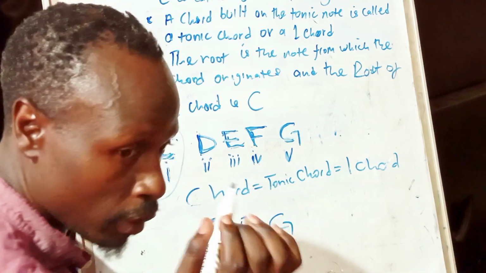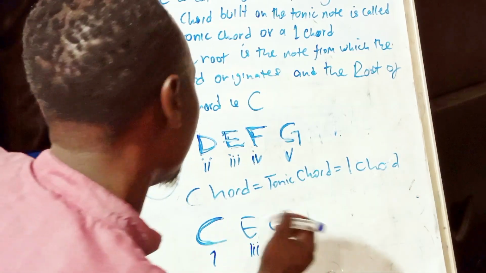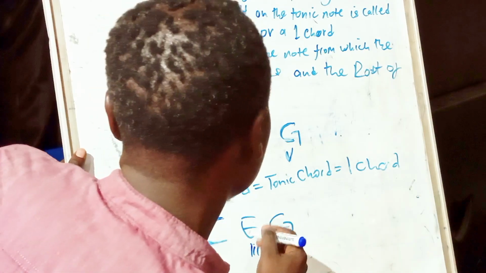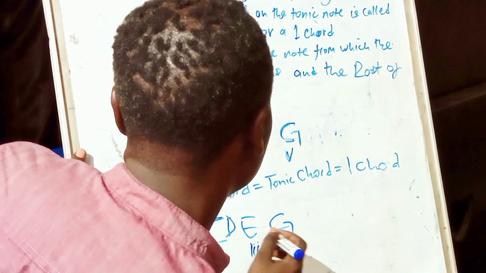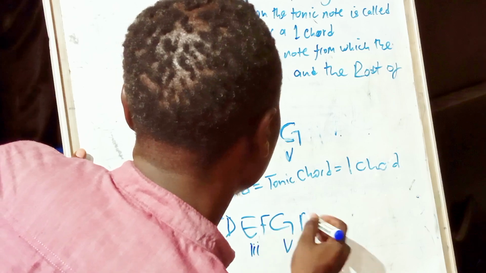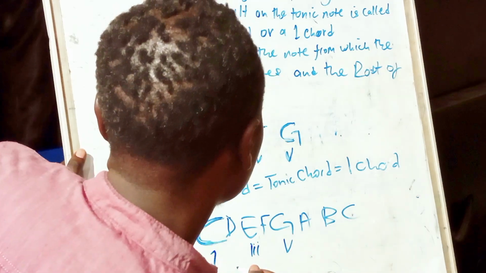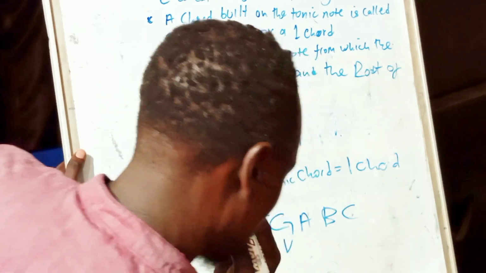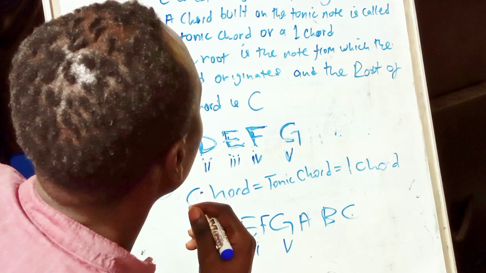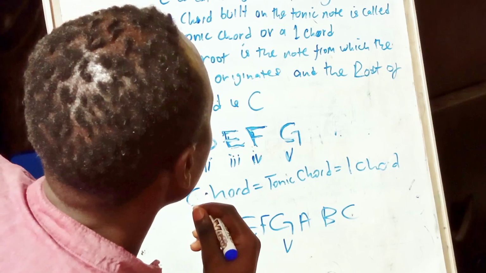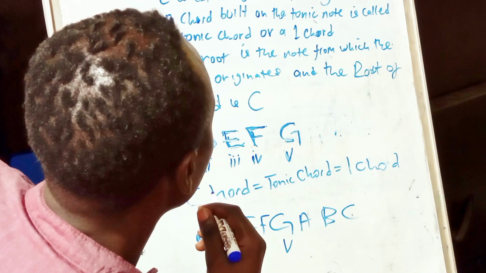So when we build our chord beginning from C, then we get E. So let me complete the whole scale: C, D, E, F, G, A, B, C. When we build a chord now, we have said a chord is built on the tonic note. A chord built on the tonic note is called a tonic chord.